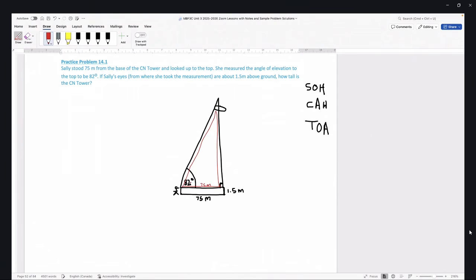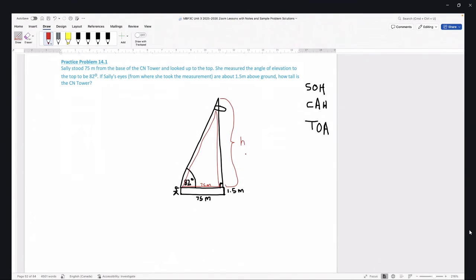So we have an angle. This is the opposite side. So what we're going to figure out first is this distance right here. How tall is it from her eyes to the top of the building? Let's call this the height of the building. So we'll call it H for now. So we have the angle.